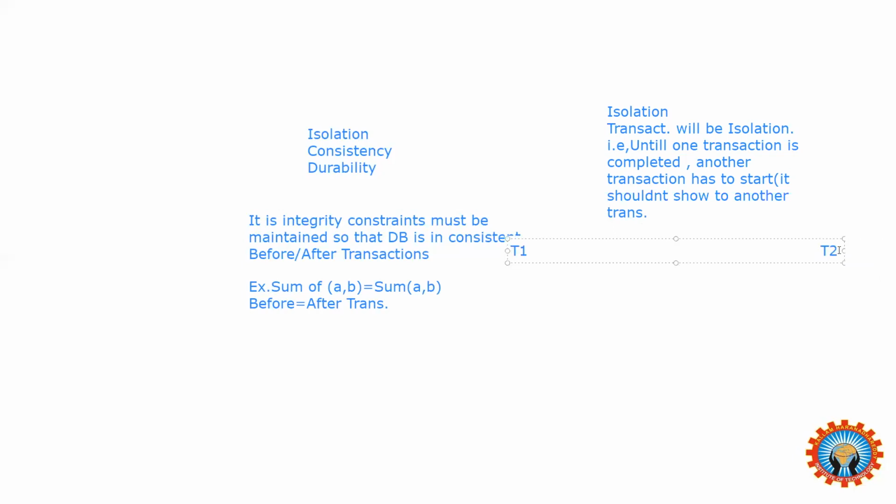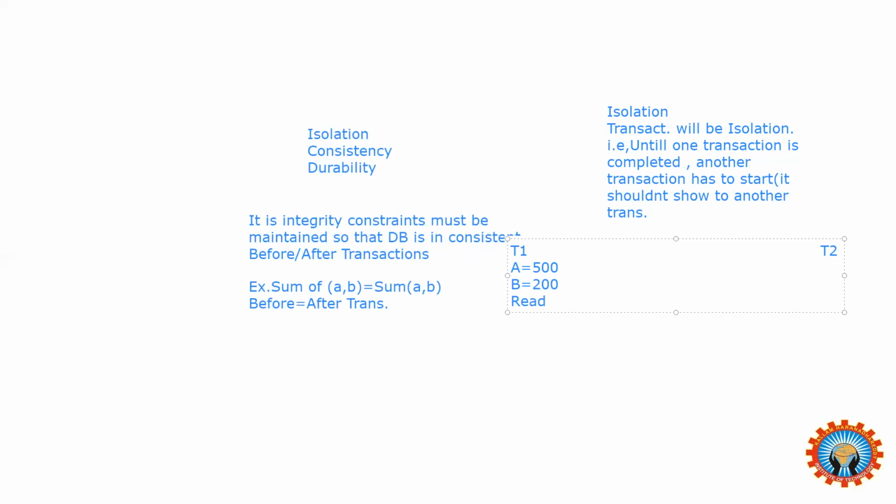For example, A has 500 rupees and B has 200 rupees. This is the basic transaction. Before the transaction, of the two accounts, A has 500 and B has 200. So the total before the transaction is 700.